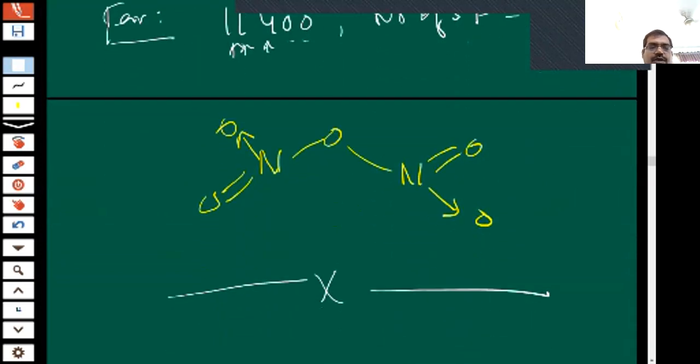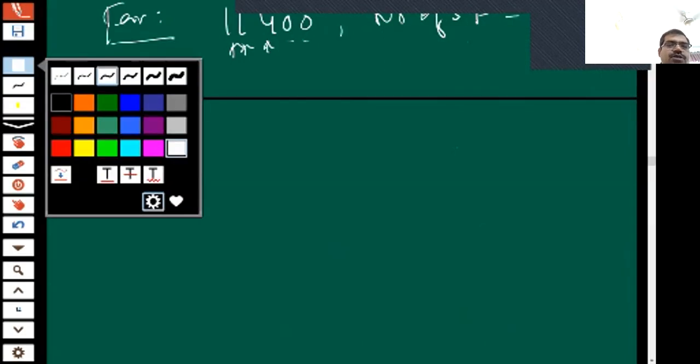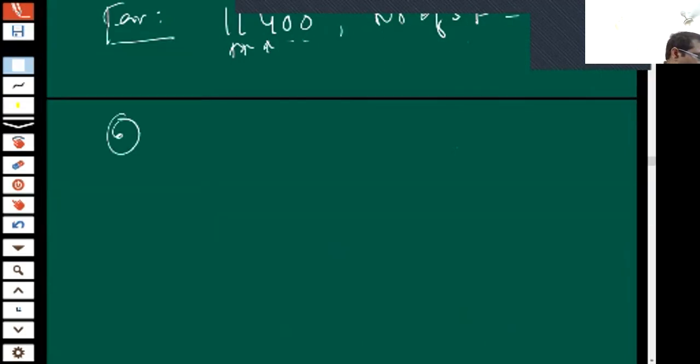Okay, so this is the 5th point. Let us discuss the 6th also. Point number 6. Suppose 1.14 into 10 to the power 4.